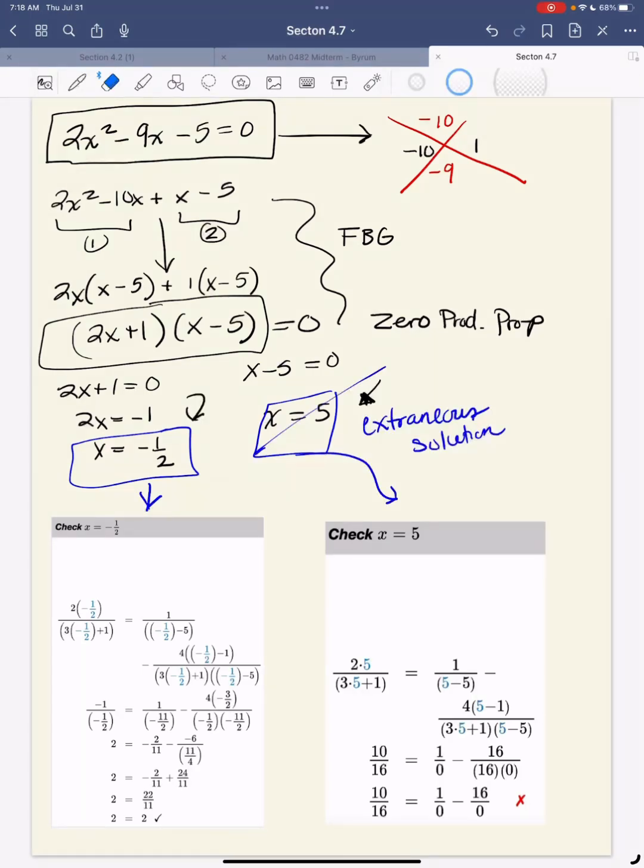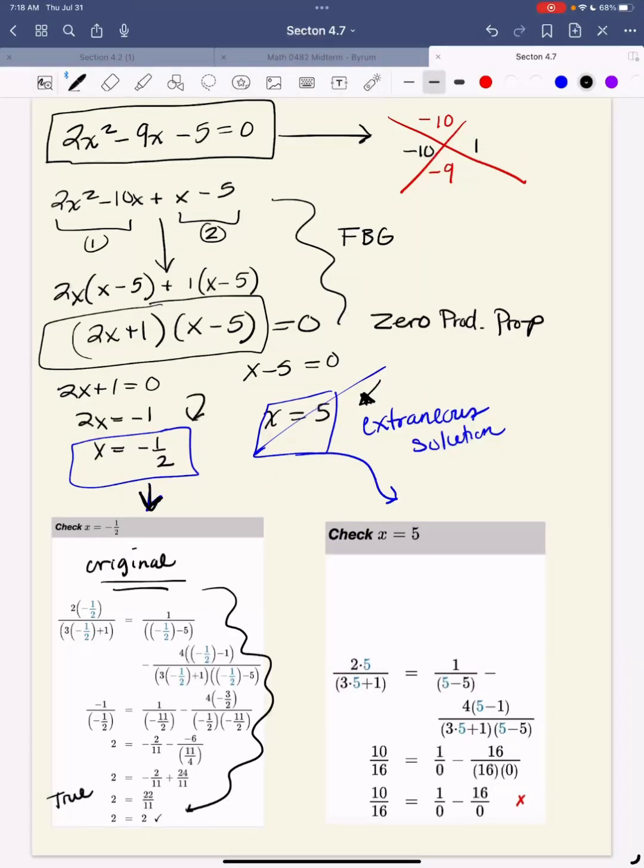So when we sub in for x negative 1/2, we can see here that the work is shown that this actually checks out. Now, where are we subbing in for x negative 1/2? Well, this goes back into the original that we were working with. So the work is done here, and we find that 2 equals 2 is a true statement. And so this checks out.